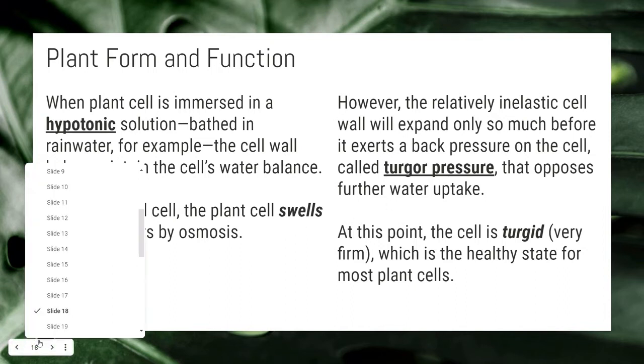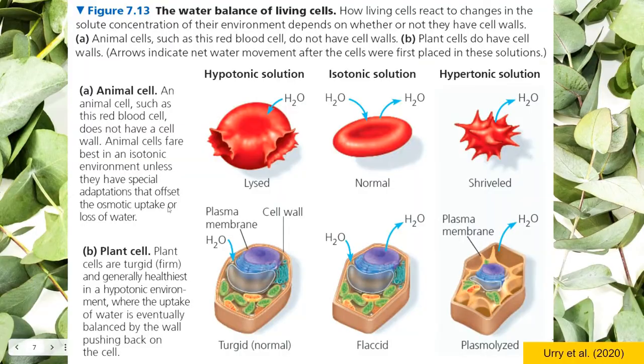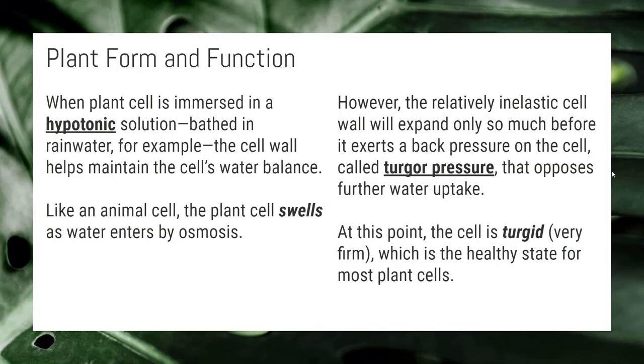So this is why plant cells will not burst just like an animal cell, because they have the cell wall to prevent that from happening. The turgor pressure allows the cell to oppose further water intake. This will cause the plant cell to be turgid or very firm, and that is the healthy state for most plant cells.